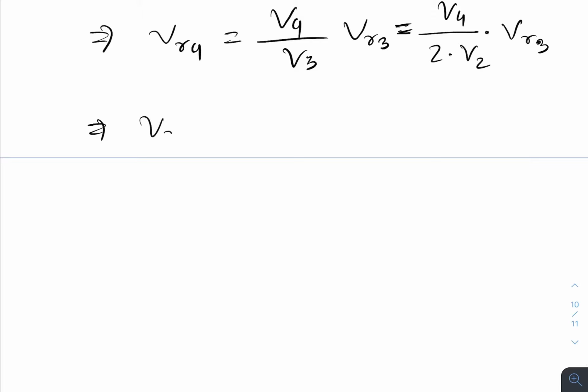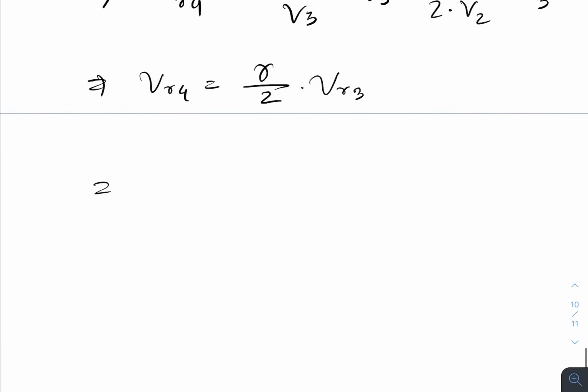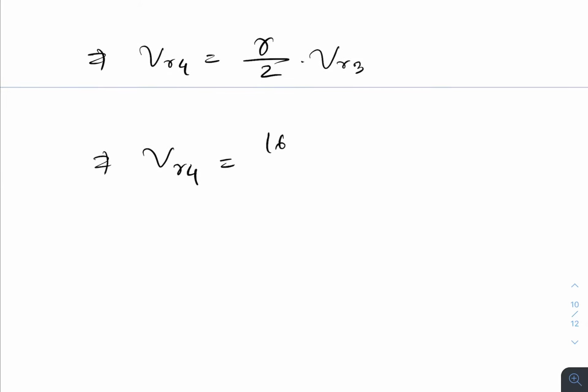So V4 over V2 is basically the compression ratio. So VR4 equals compression ratio R over 2 times VR3. So let's plug in all those values.